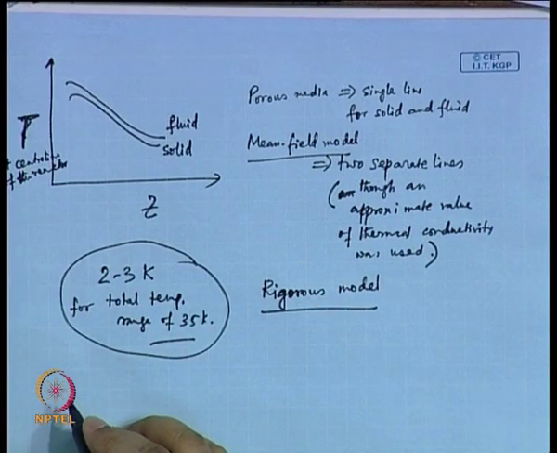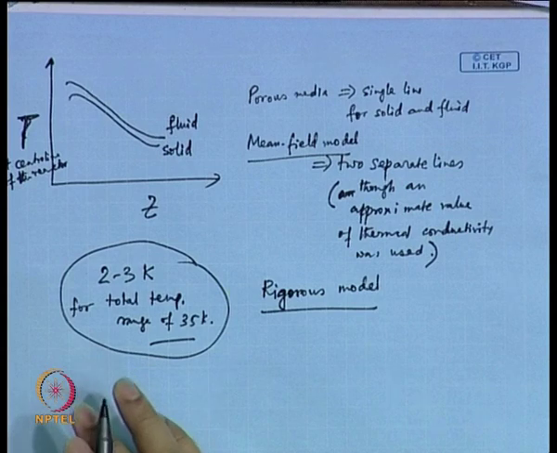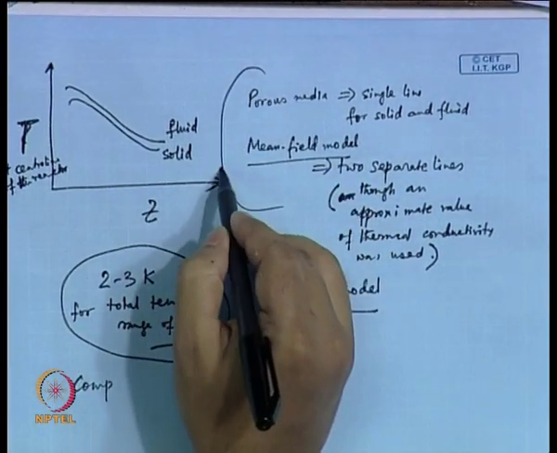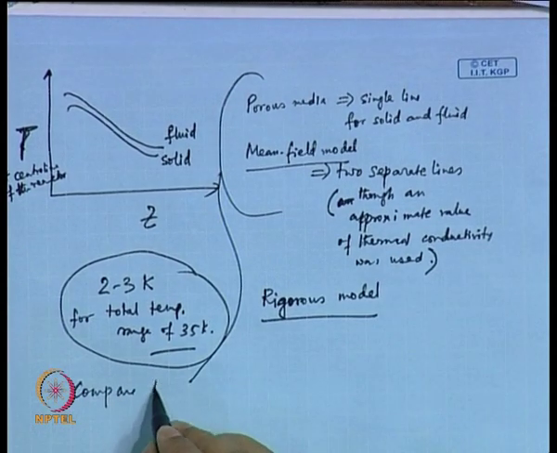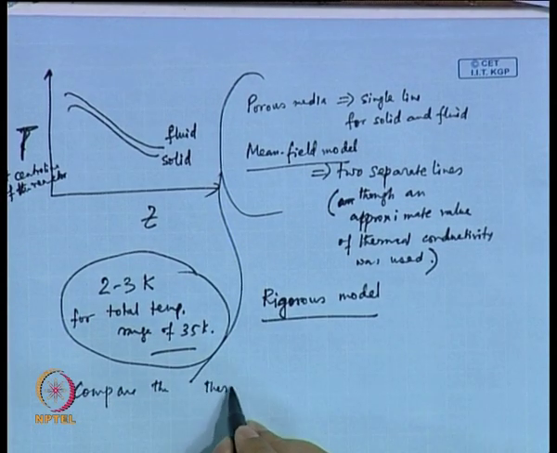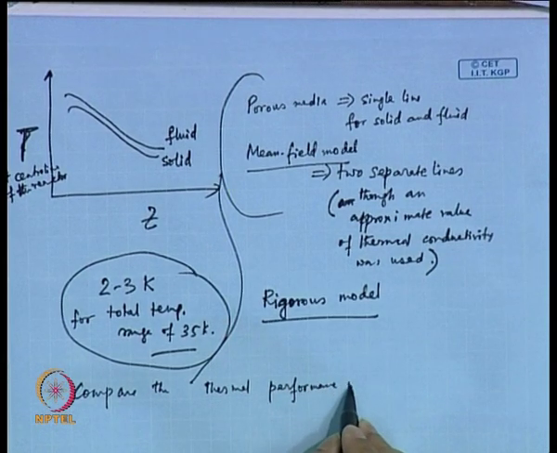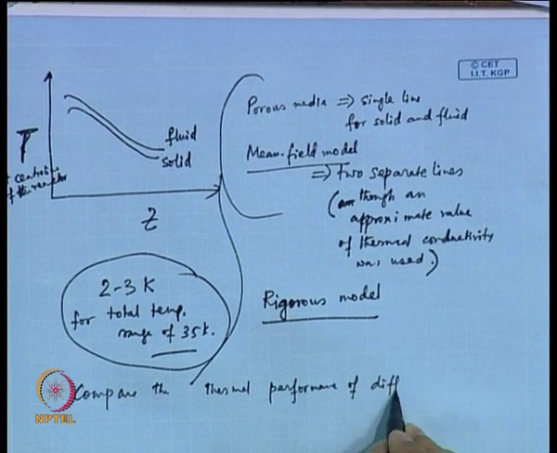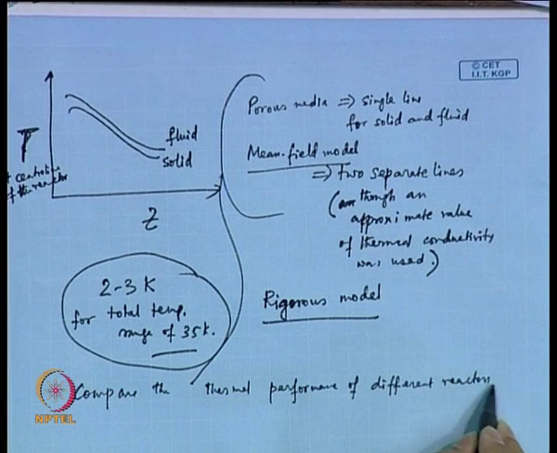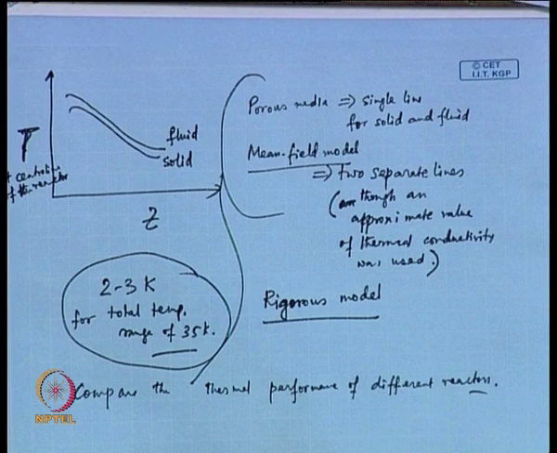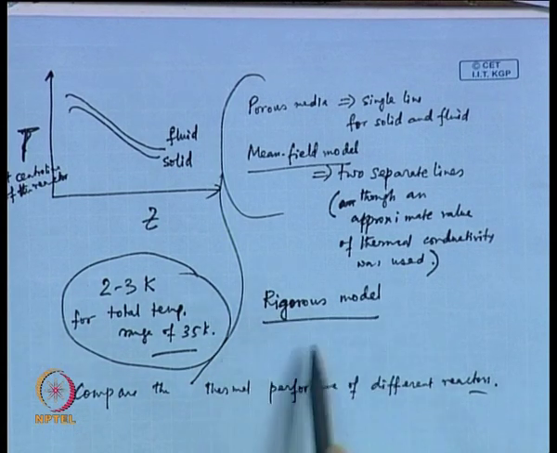So, you can compare the thermal performance of different reactors using this mean field and the porous media model, because to compare the performance you need to run it several times, and the computational time would be a concern if you use a rigorous model.